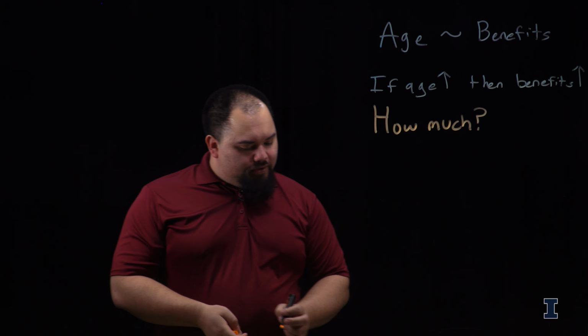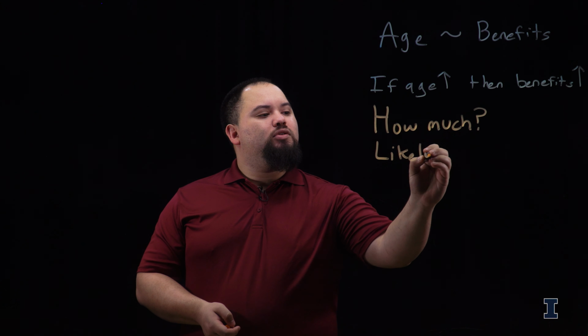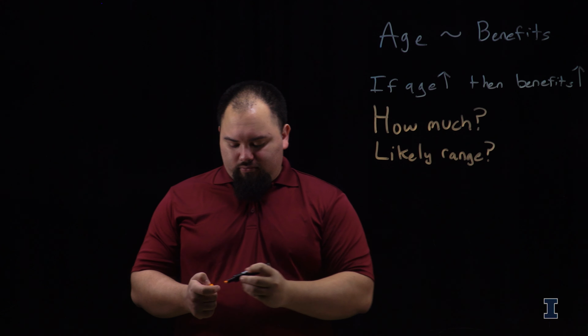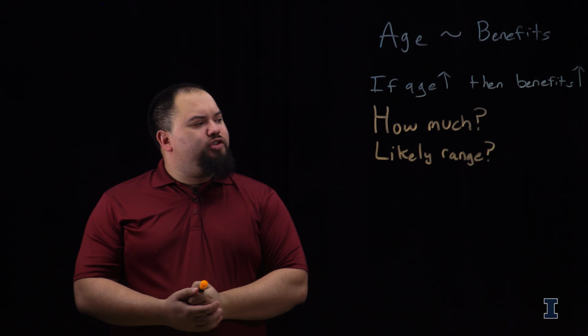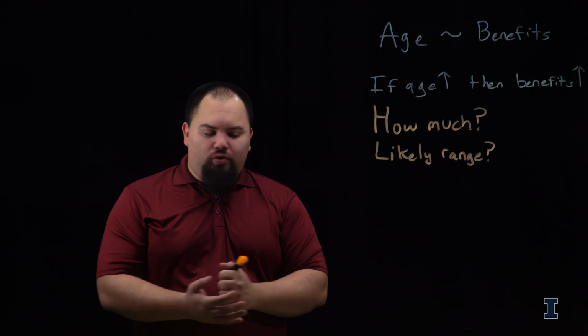Other things that we care about, things like the likely range. What is the likely range for insurance benefits for a 30-year-old or a 40-year-old? Are they similar or are they going to be far apart?